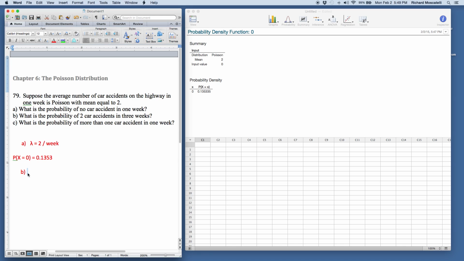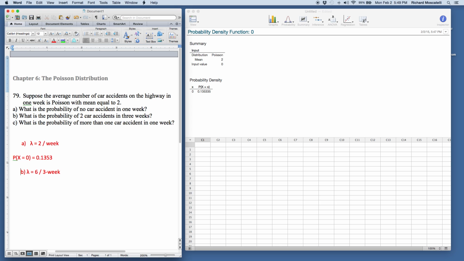So the value of lambda here is going to be 6 accidents over a 3-week period. So notice, you change the time interval, you're going to change the value of lambda as well. All right, so we're going to make use of that.